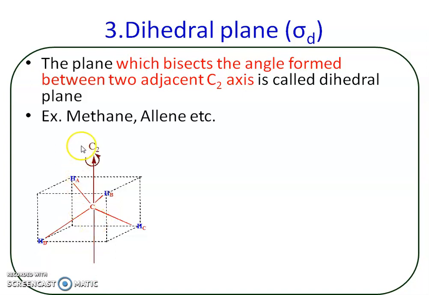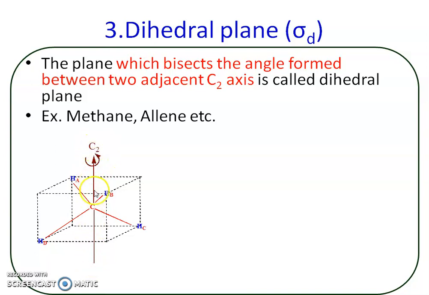Now consider one line or axis passing through the carbon. This axis passes through the center of the bottom face as well as the center of the top face of the cube. At the same time it passes through the center of the cube, and obviously at the center of the cube there is a carbon atom. This is a C2 axis.